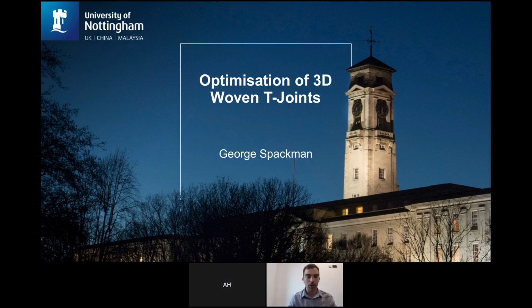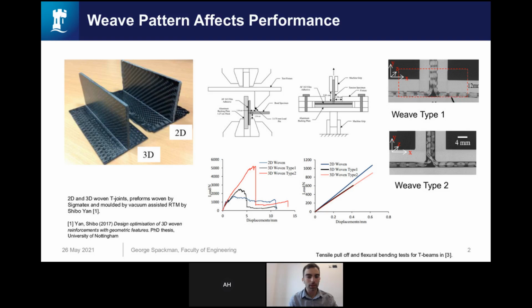Hi, I'm George. I'm studying optimization of 3D woven T-joints. I'm a final year PhD student at the University of Nottingham. Previous work at the university showed that changing the weaving pattern of 3D woven T-joints can produce different failure properties, and has improved upon the 2D laminates.